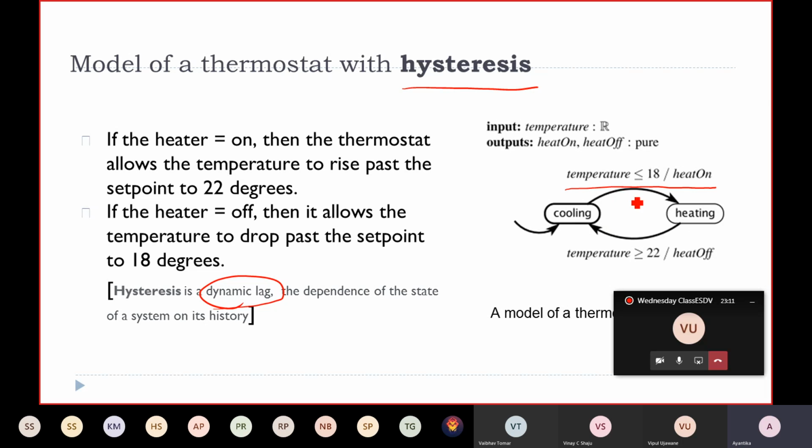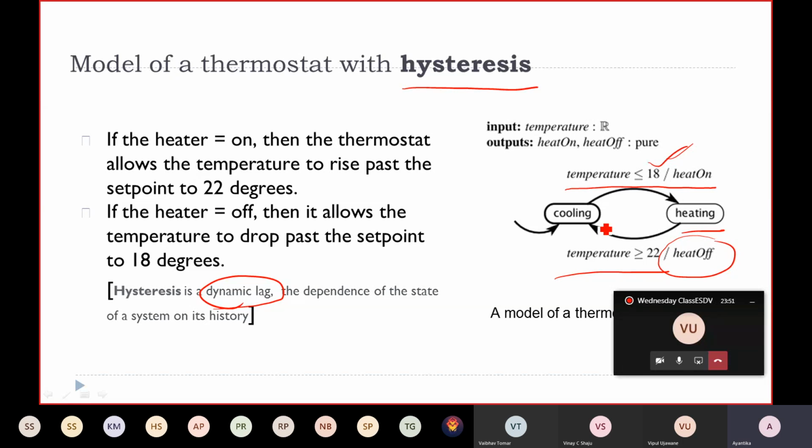Here, if the temperature is less than 18, you can see here, then the heat mode will be on, and at that time the thermostat goes to the heating state. Similarly, if the temperature is greater than or equal to 22, then the heat mode will be off, and the transition from heating to cooling will take place. That means what are we trying to avoid in this case?